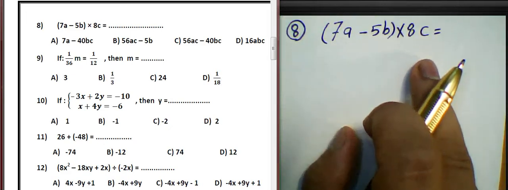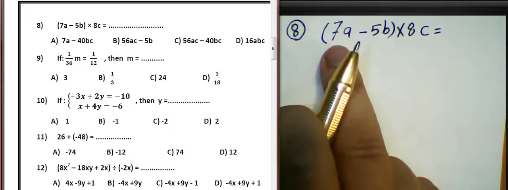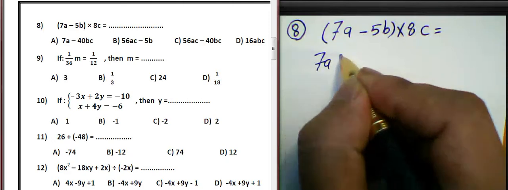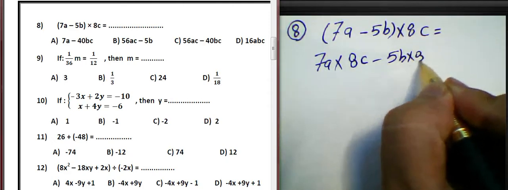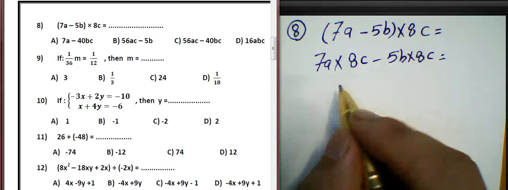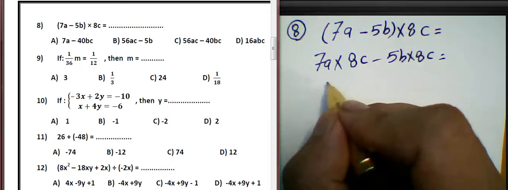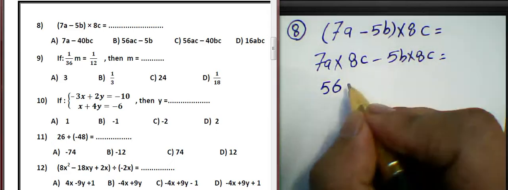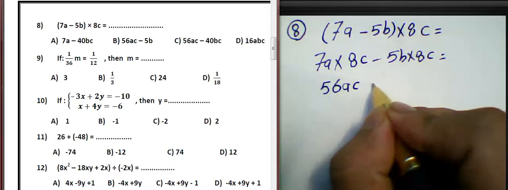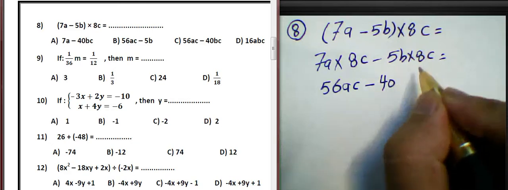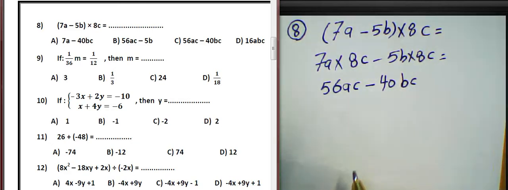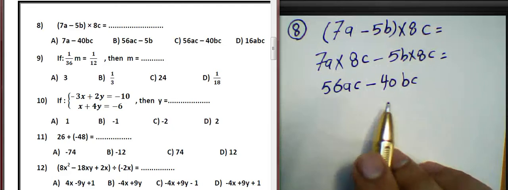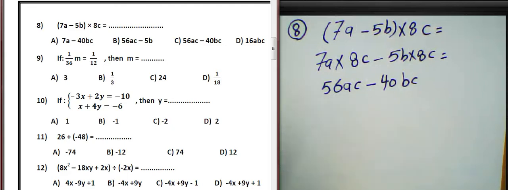Distribution: 7a times 8c, subtract 5b multiply 8c. The result will be 7 times 8 equals 56. A times C equals AC. Subtract 5 times 8 equals 40. B multiply C equals BC. So the result will be 56AC subtract 40BC.